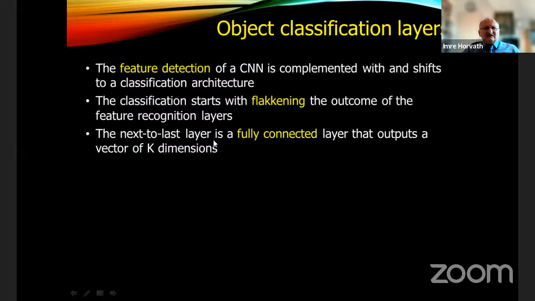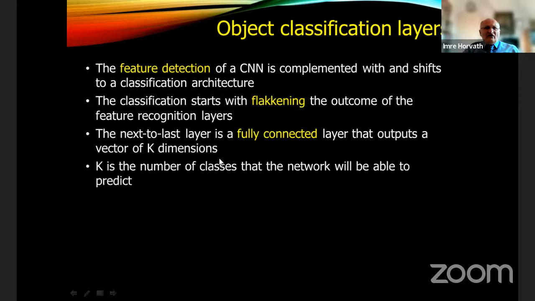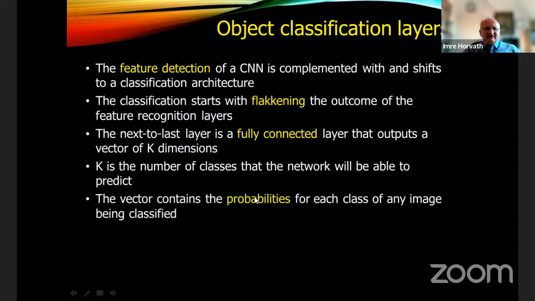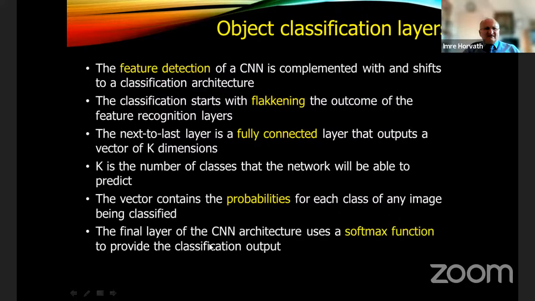The next to last layer is a fully connected layer, typically in convolutional networks, and it outputs a vector of k dimension. The k is the number of classes that the network is able to predict. The vector contains the probabilities for each class of any image being classified.